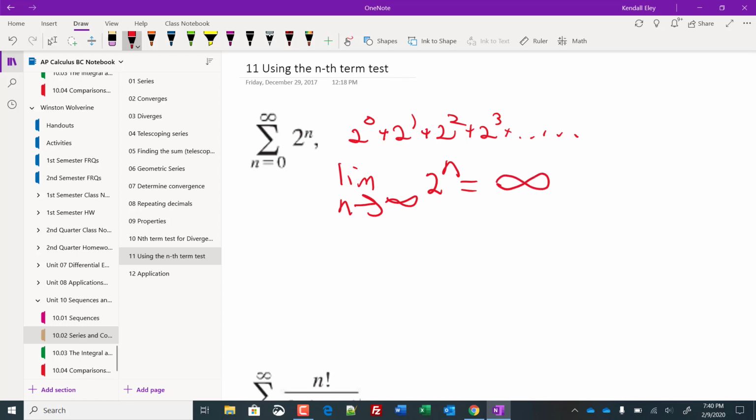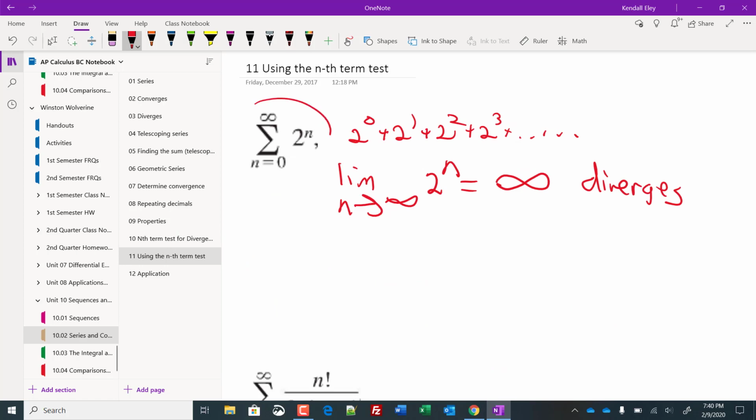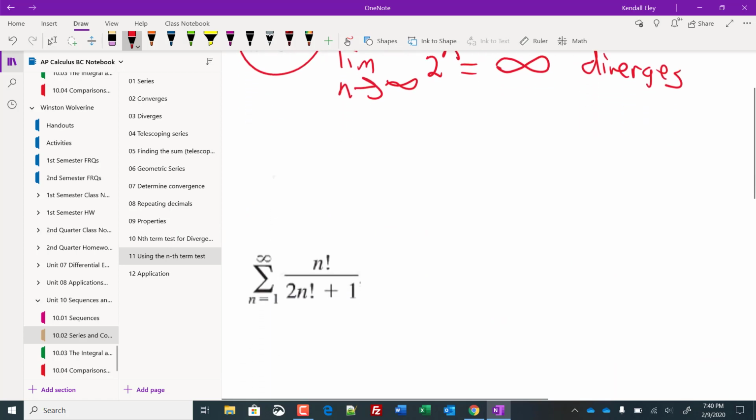So this limit is going to be infinity. Since this limit is infinity, then we know that the series diverges. We know that by the nth term test. If the limit is not 0, then the series has to diverge. So we know that this series has to diverge because of the nth term test.